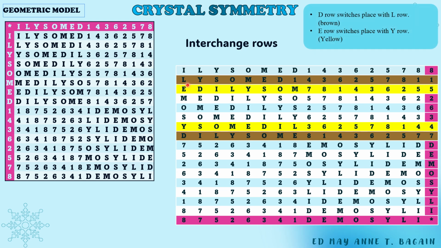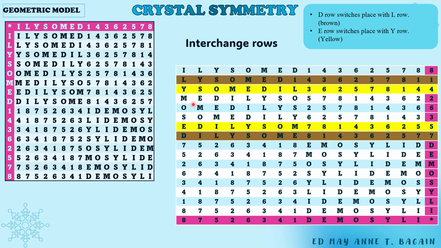It's already IL, and the D is already here. For the next one, the yellow, we will be rotating the E row, which is placed with Y. So ILY: Y should be here, and then E should be here. Let's do it now. After doing it, we have ILY.